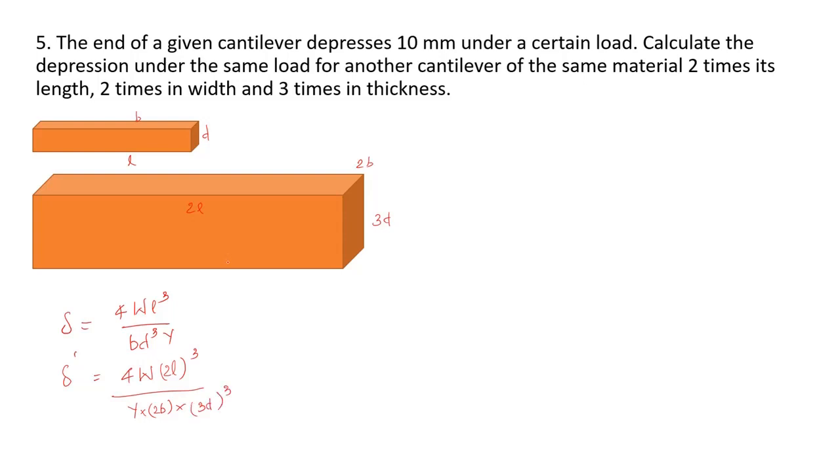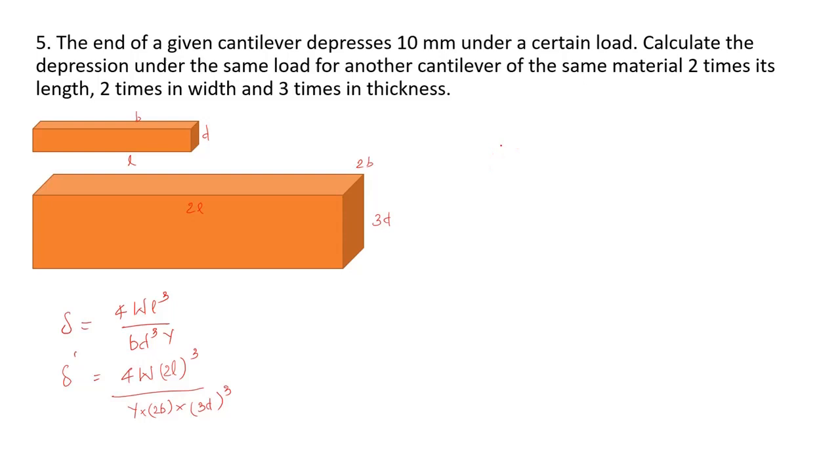This is the depression for the second beam. We know the depression for the first beam, so let's take a ratio of these two, delta and delta dash, and get rid of all the variables as far as we can, and find the depression for the second beam.